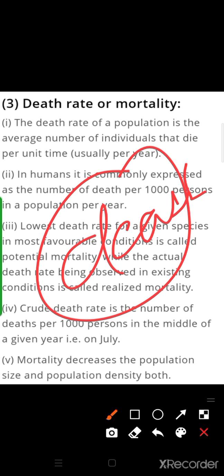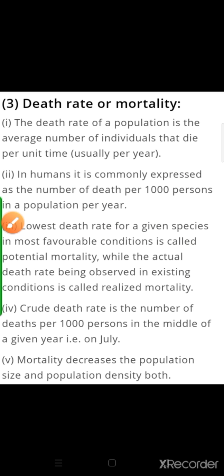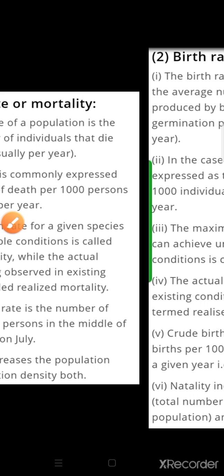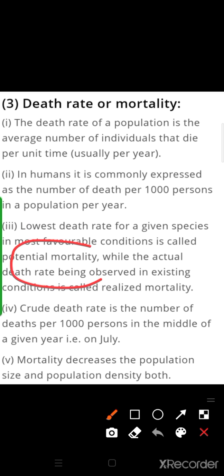According to this, the mortality rate can be given. Children, the lowest death rate for a given species under the most favorable condition is called potential mortality. If the death rate observed in the existing condition is real, it is known as realized mortality.